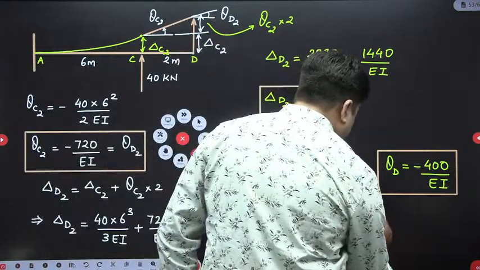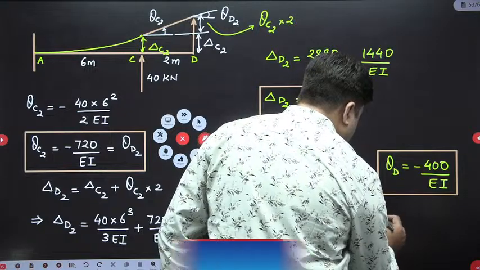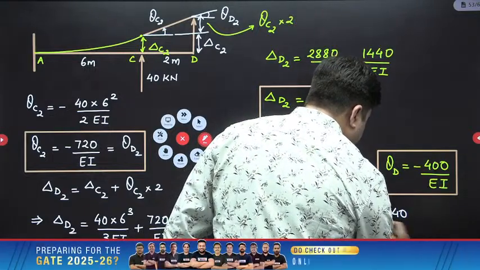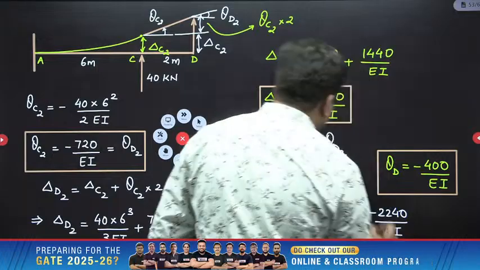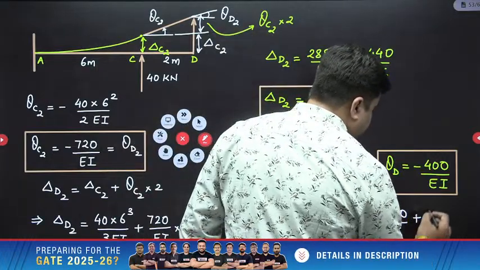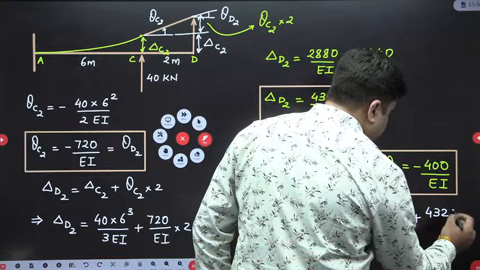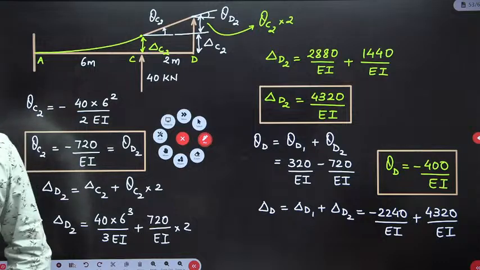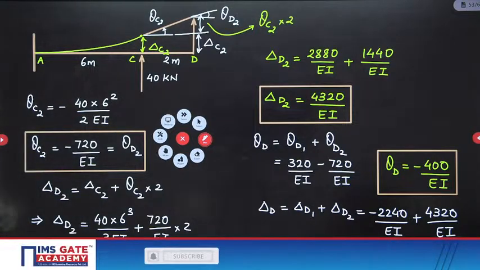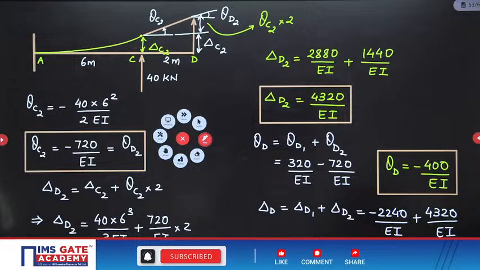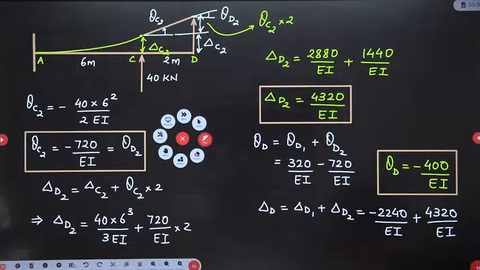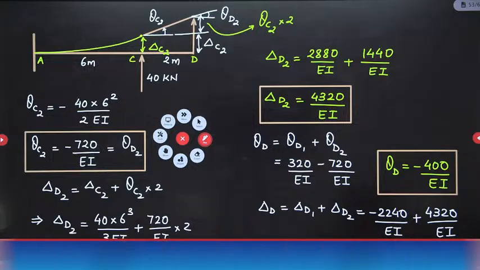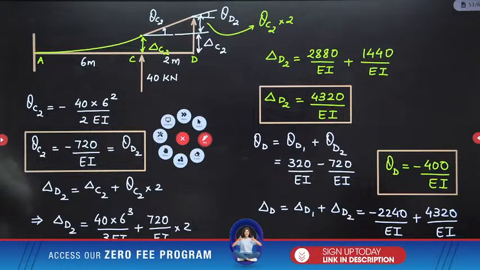And delta D2 is plus 4320 by EI. Please calculate this. So minus 2240 plus 4320. So this is equal to 2080 by EI.